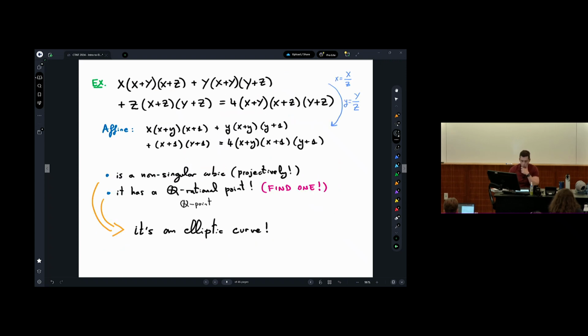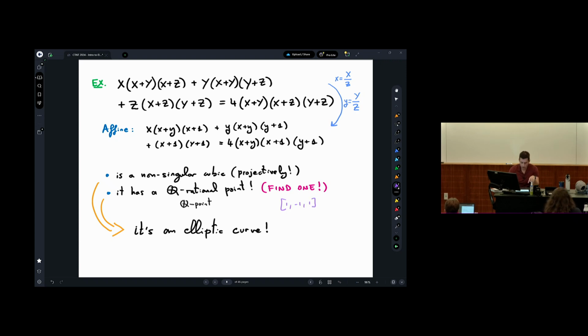Okay, so can you find a point? Is there a point here that you can tell me? 1, negative 1, 1. So the suggestion is, how about 1, minus 1, 1.